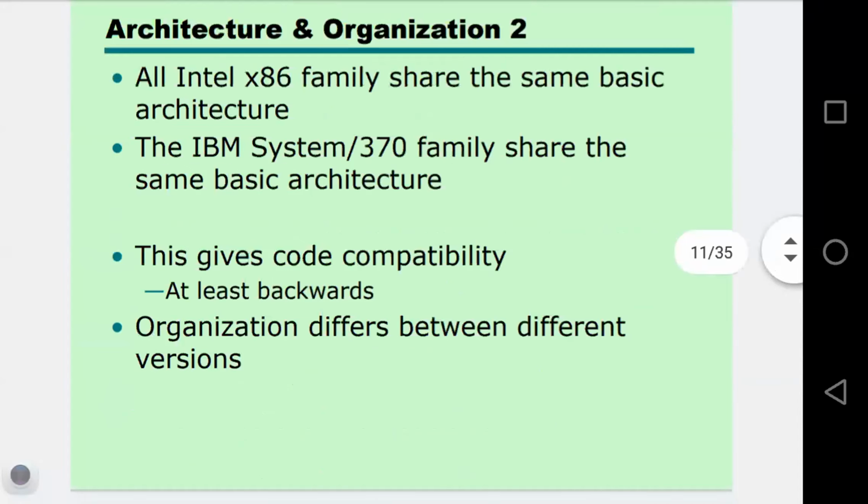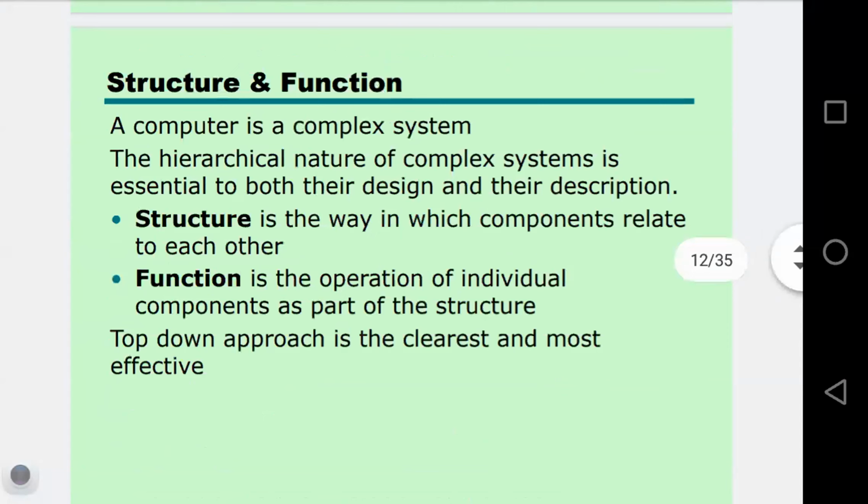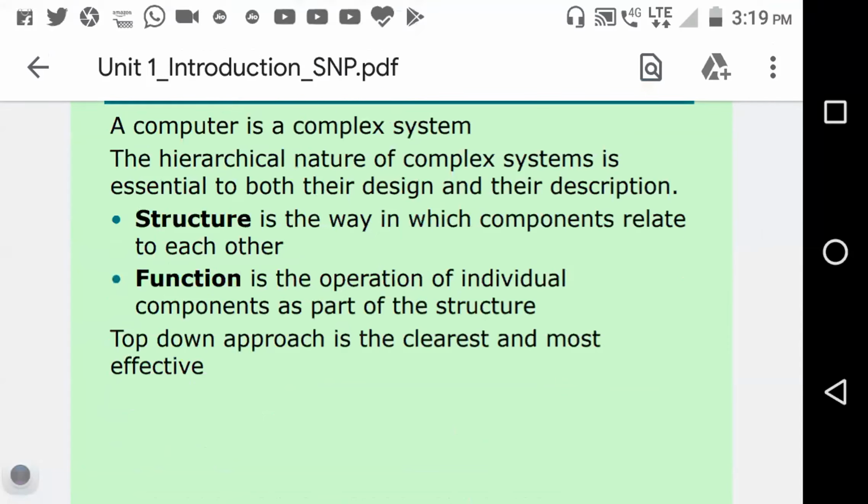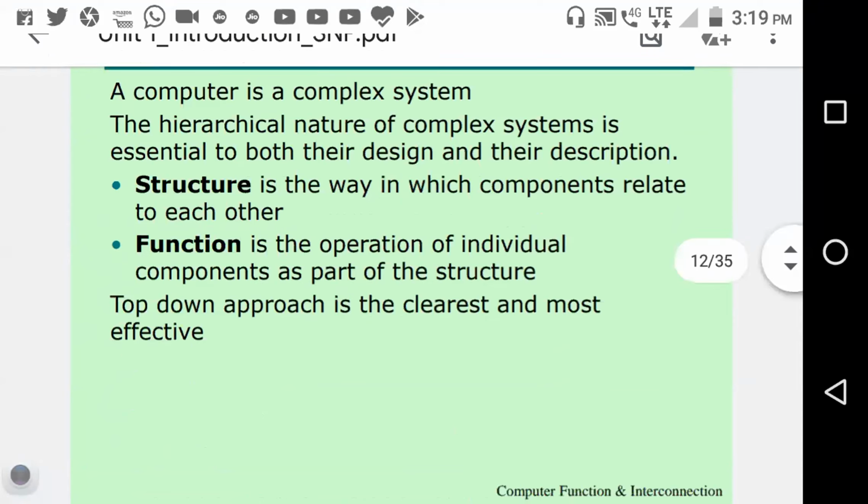Then we have seen the structure and the function. Structure means how the components are related to each other, and function means the operation of individual components. So if there are three components and they are interconnected with each other, the operation of each individual component comes under the function.